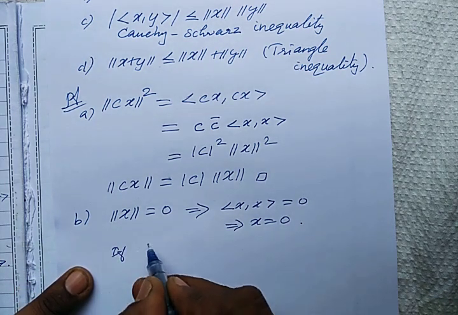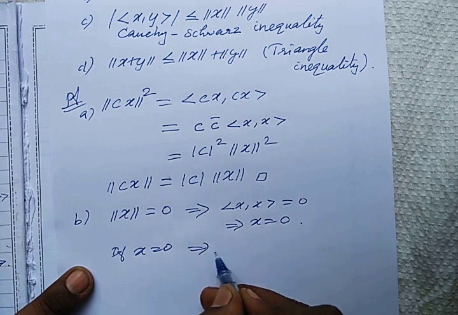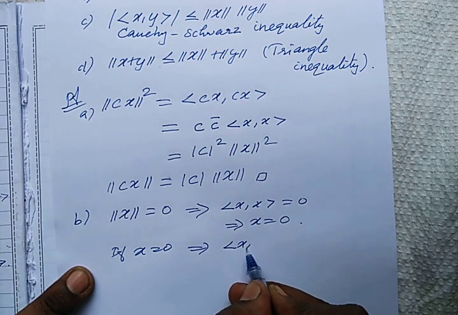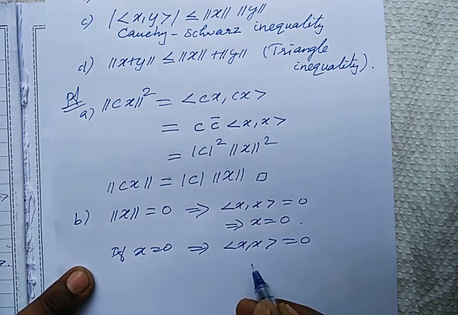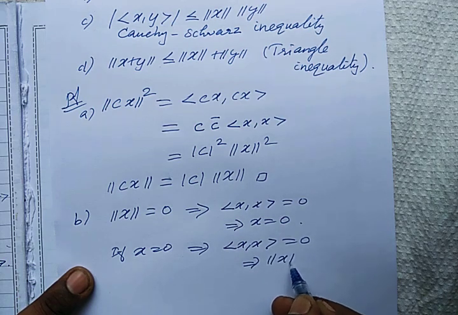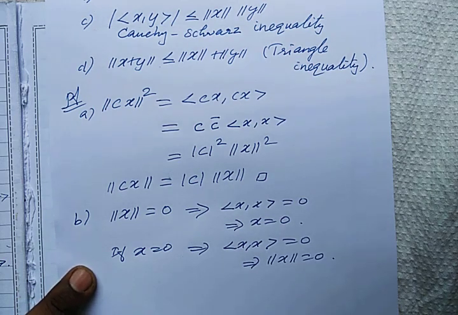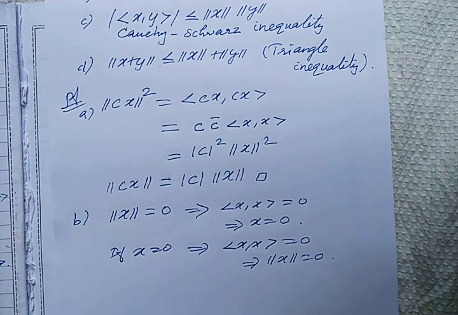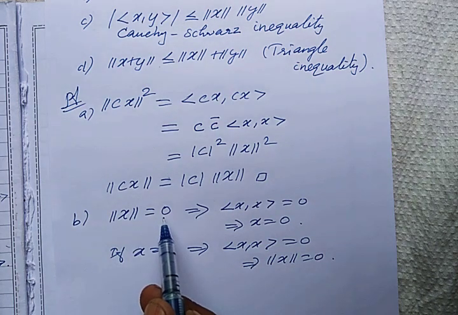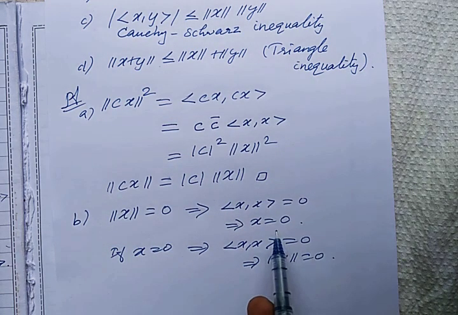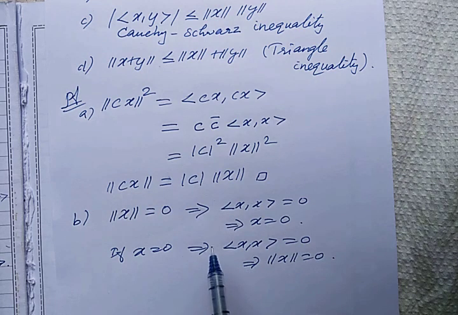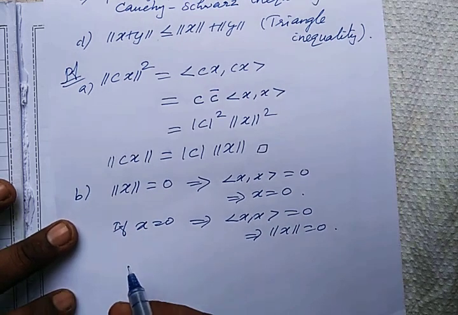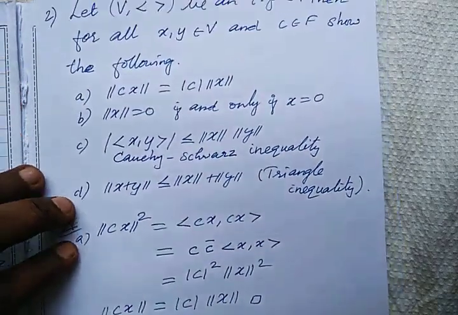Similarly, if x is equal to 0, this implies inner product of x comma x is equal to 0. This implies norm x is equal to 0. Actually, if the norm of any vector is 0, that vector must be a zero vector, or otherwise the norm will be positive only. Now let us prove the third one.